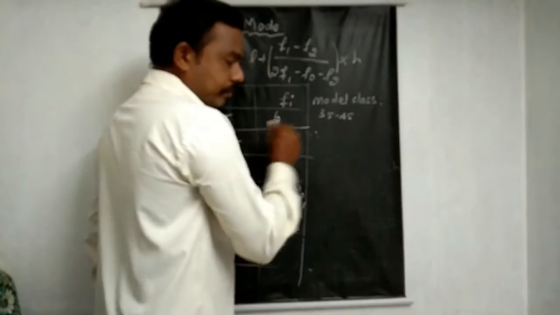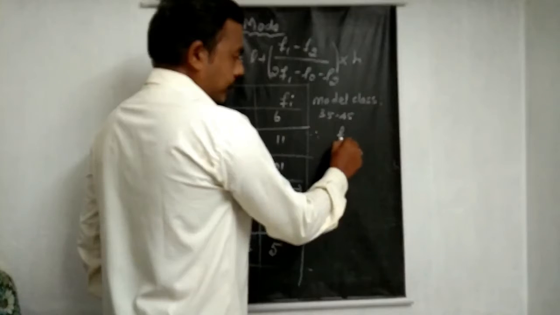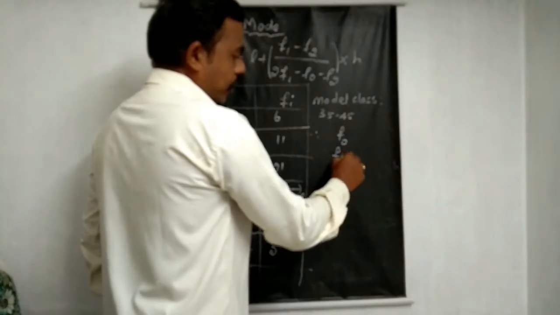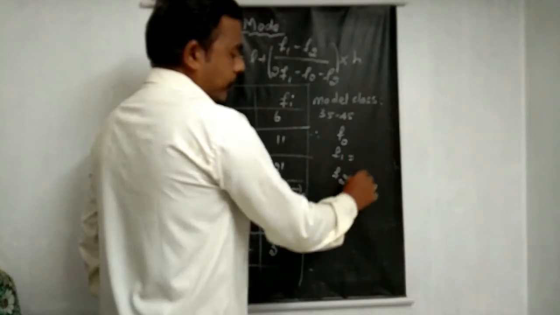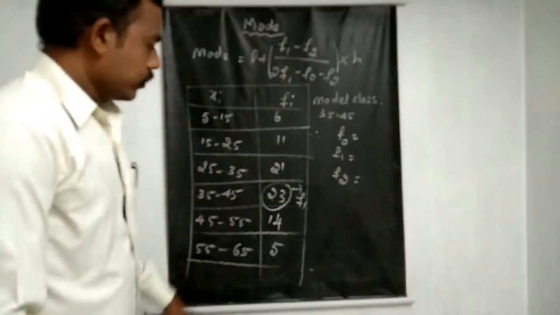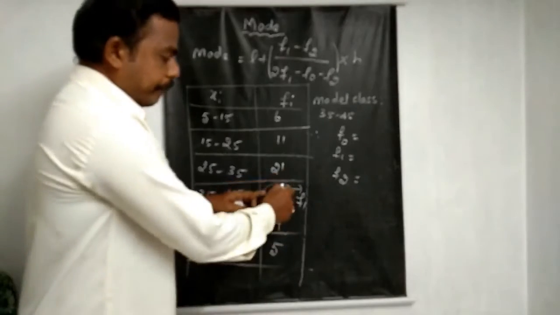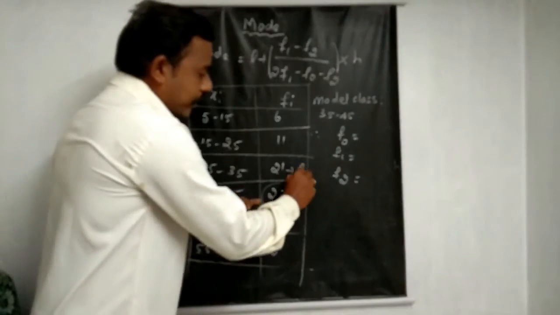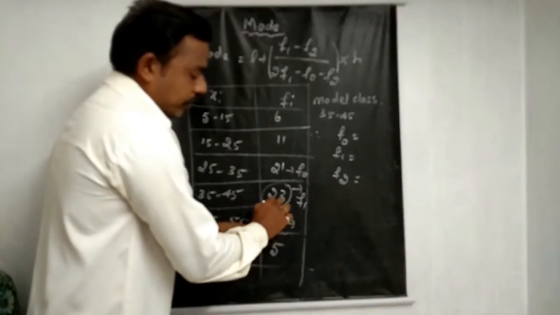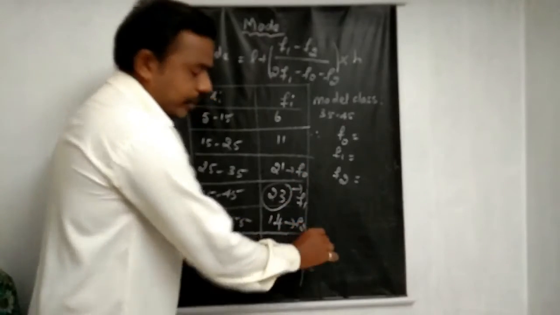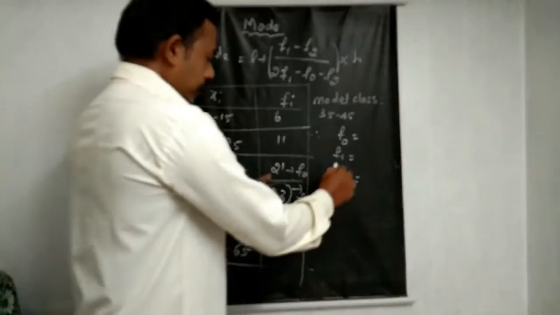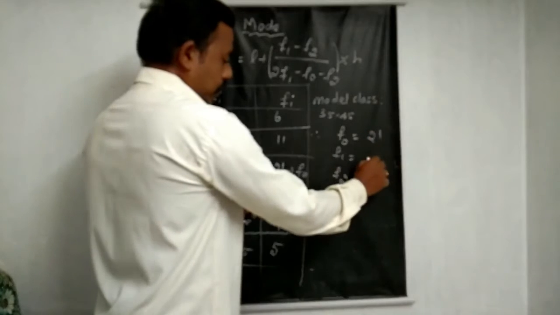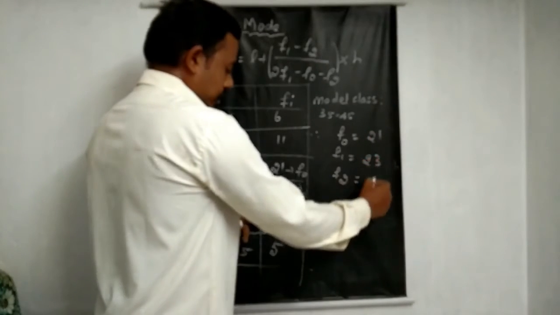Therefore we write F0, F1, F2. The previous frequency is F0, and the next frequency of the modal class is F2. So F0 is 21, F1 is 23 and F2 is 14.